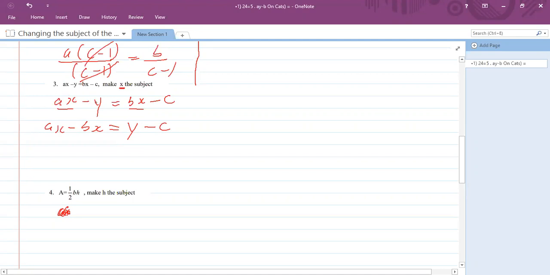We have AX minus Y is equal to BX minus C. So I group all the X at one side. This is positive BX. I carry it over this side, it becomes negative BX, right? Then when we work it out, we find a common factor. What's my common factor here?